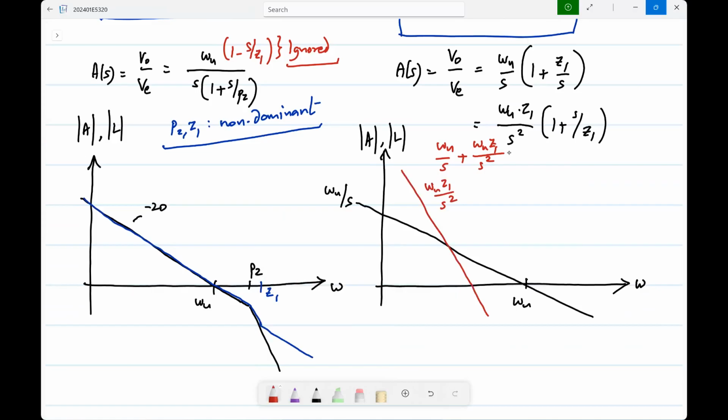Okay. So the overall transfer function will start like that and then do that. Okay. And this will be Z1. Okay. So this will start with a minus 40 dB per decade slope and it will switch to minus 20.